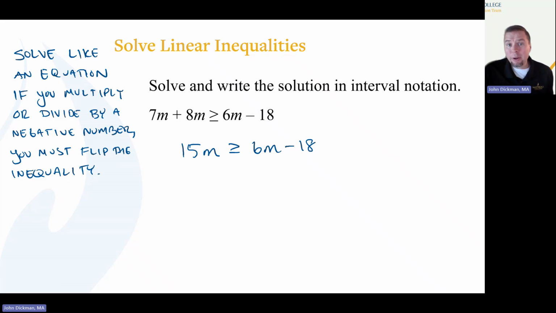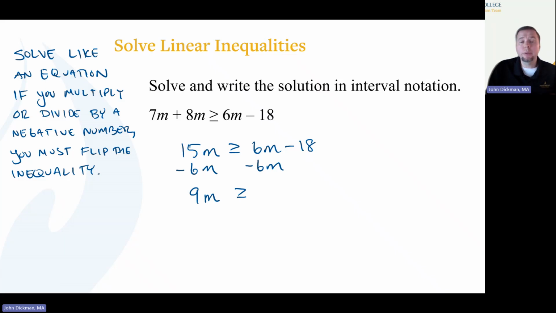Now I want to get all my variables to one side, so I'm going to subtract 6m from both sides of the equation. I'm not multiplying or dividing. I'm subtracting. So we just keep going like this is a regular equation. 15 minus 6 is 9m, is greater than or equal to negative 18.